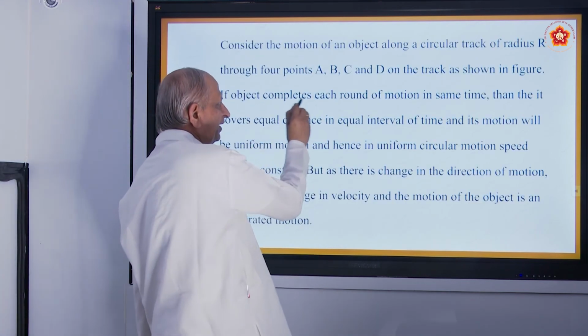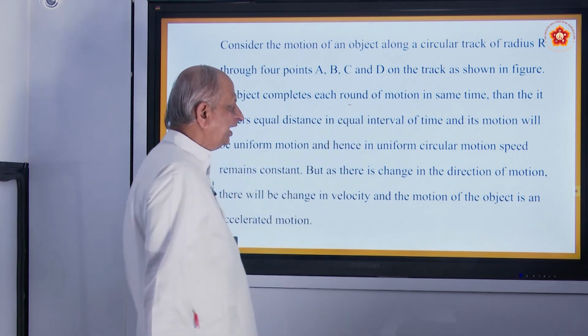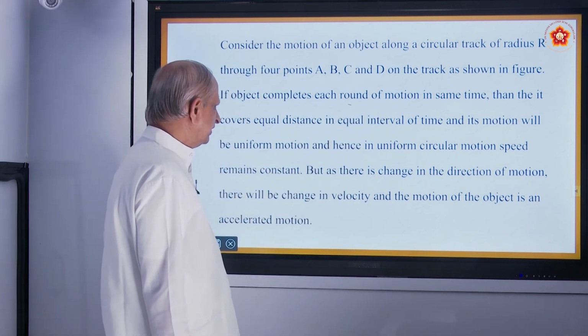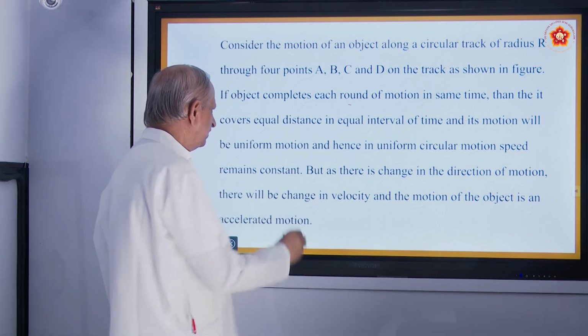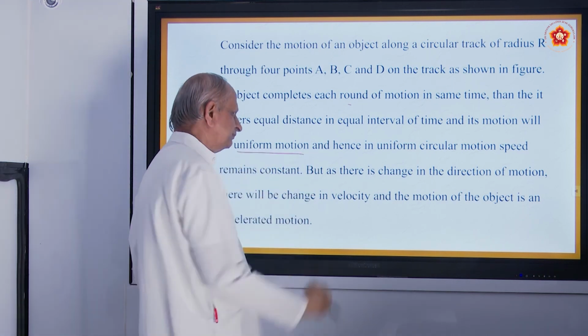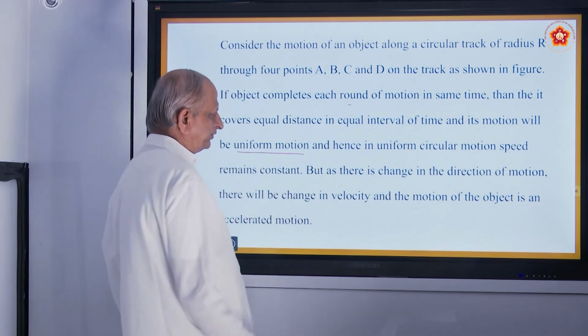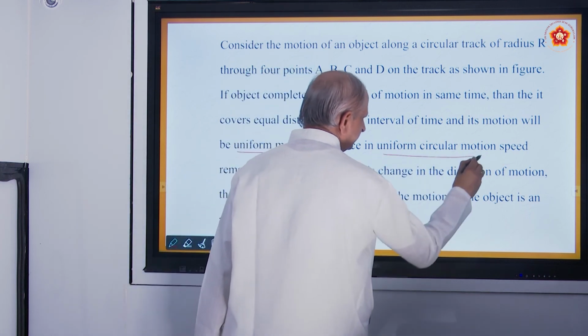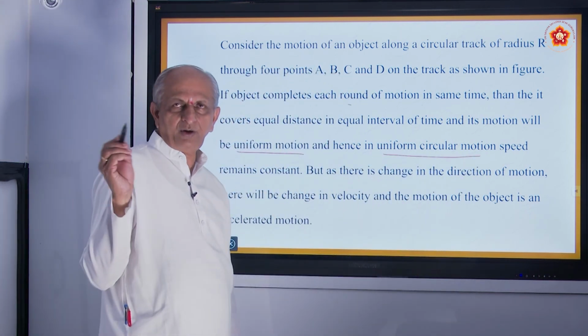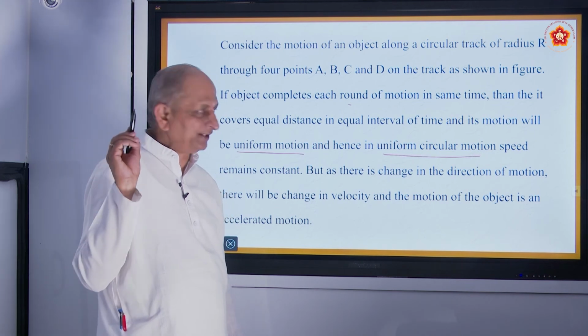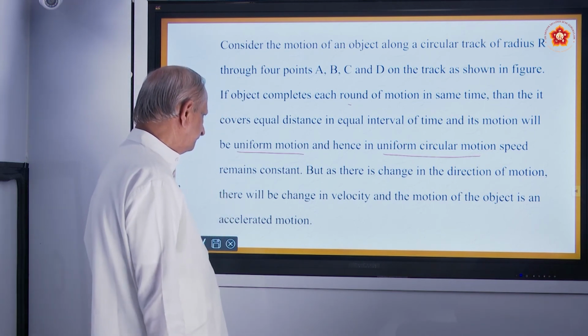If the object completes each round of motion in the same time, it covers equal distances in equal intervals of time, and its motion will be uniform motion, also called uniform circular motion. How does it happen? A body covers equal distance in equal intervals of time.